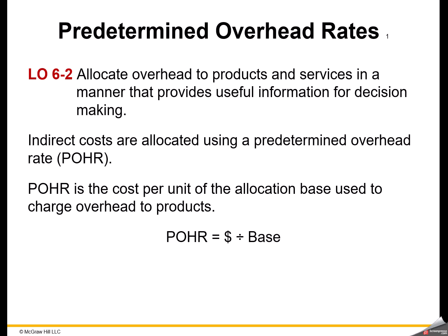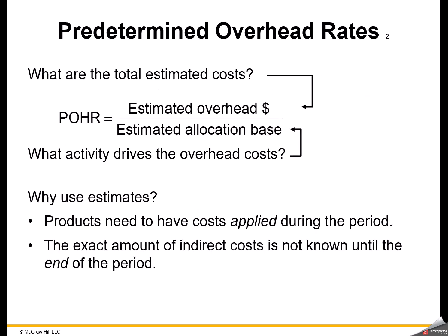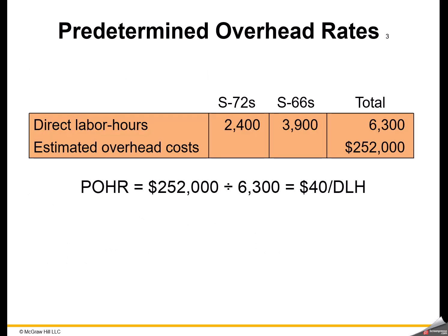So we're trying to figure out how to allocate the overhead. We'll calculate a predetermined overhead rate. We will look at our overhead costs, and then we will divide it by a base of some sort. The base should be the activity that is creating that overhead. We've got the $252,000 that we need to allocate.